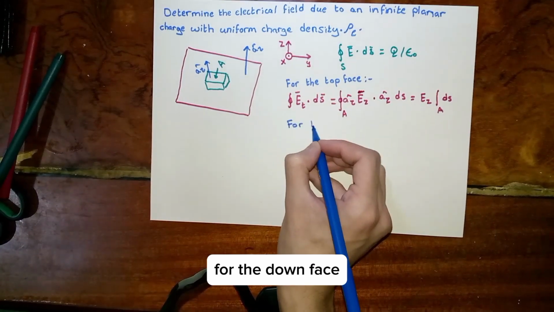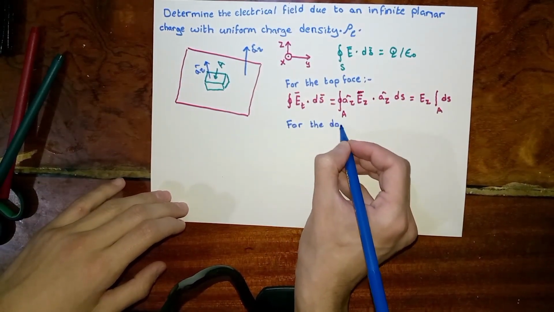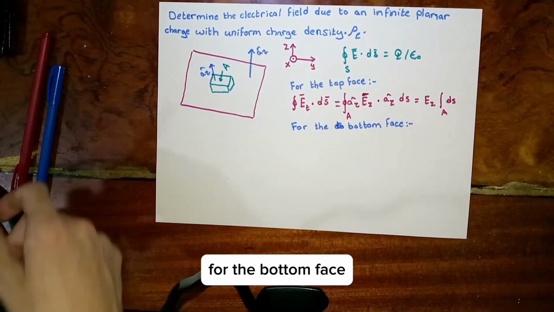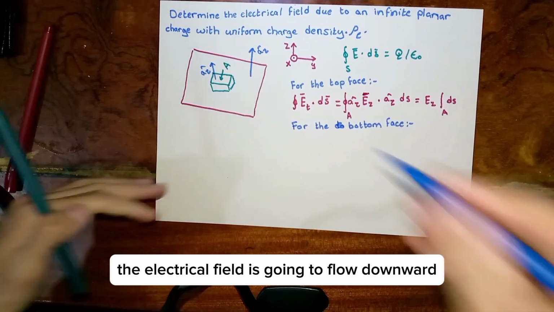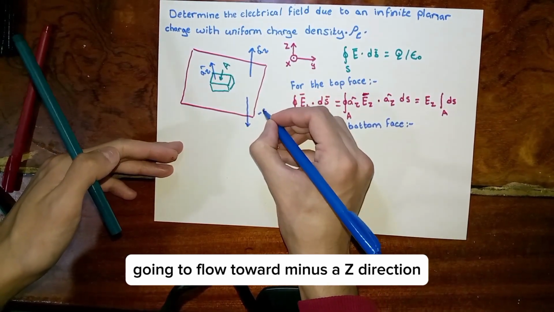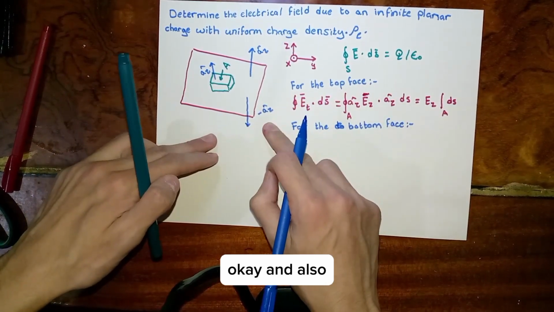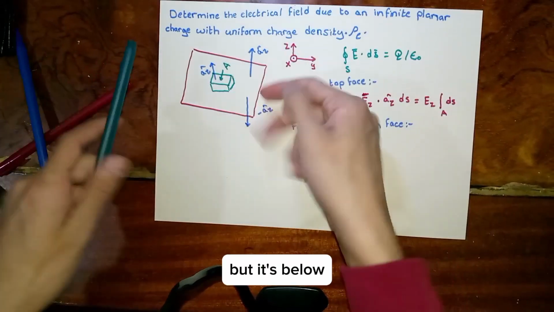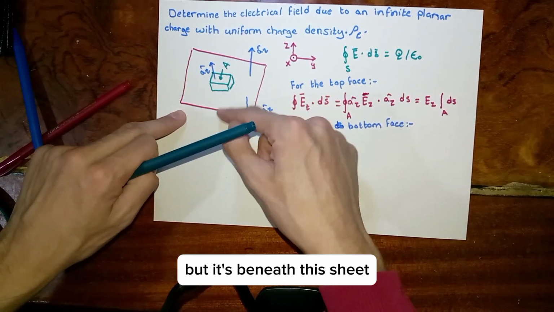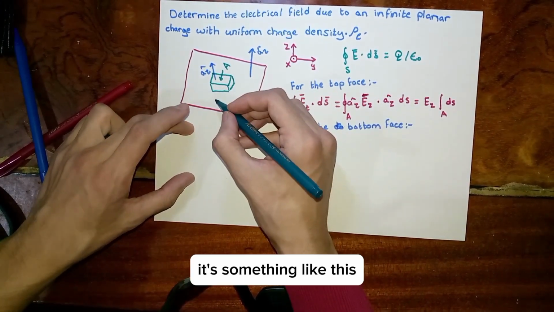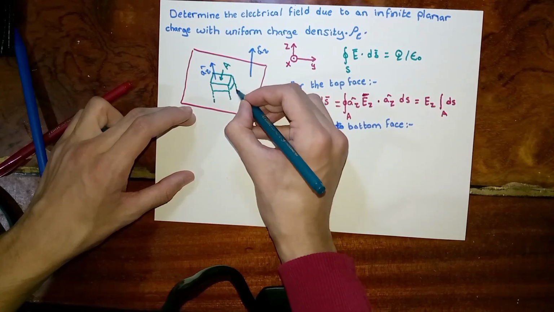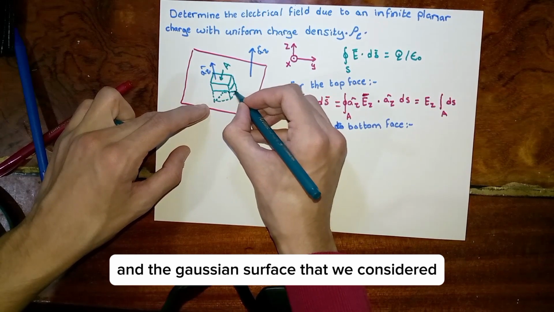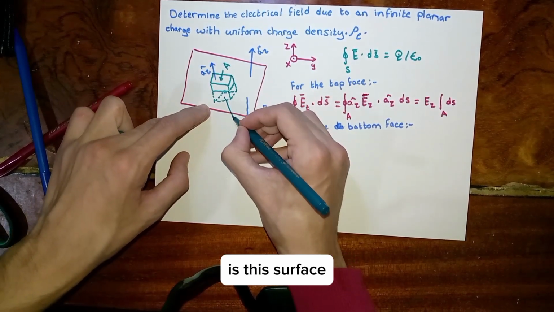And this is for the top face. For the bottom face, I mean, the electrical field is going to flow downward. It's going to flow toward the minus a_z direction. Also the Gaussian surface is going to be like this surface, but it's beneath this sheet. It's something like this. I hope you see it. The Gaussian surface that we considered is this surface.